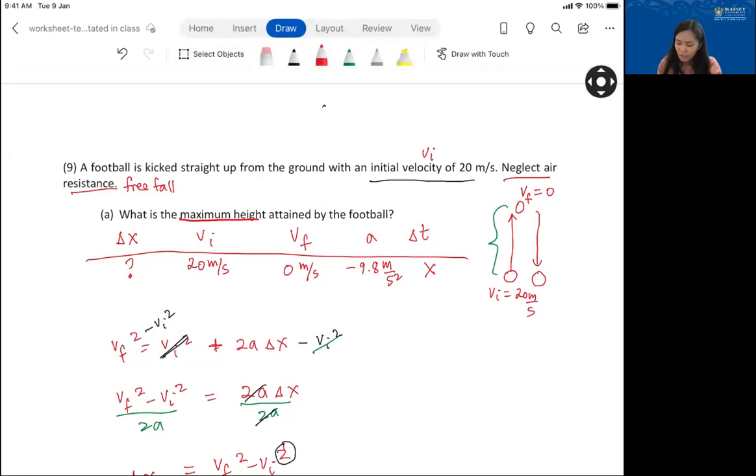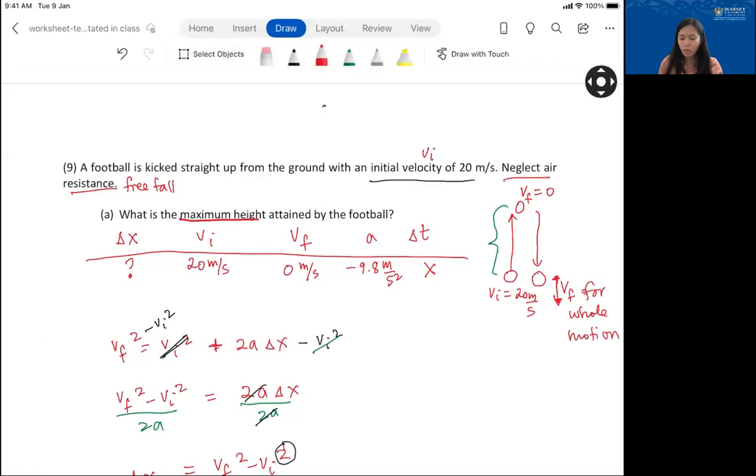But if you're looking at going up and going down as one whole motion, then your VF would be at this point. VF will be at this point for the whole motion. If you're just looking at the first part, like we did in finding the maximum height, then VF is equal to 0.